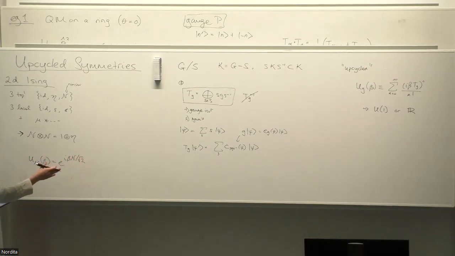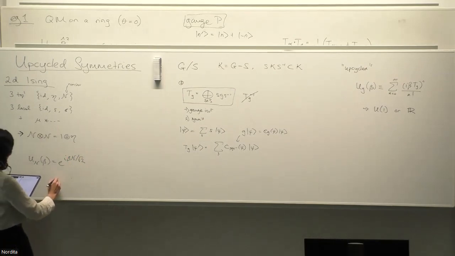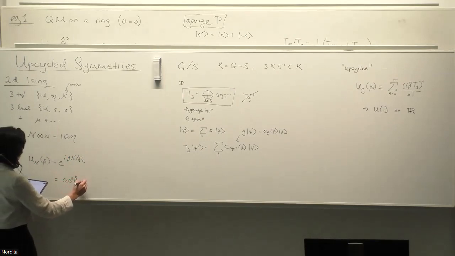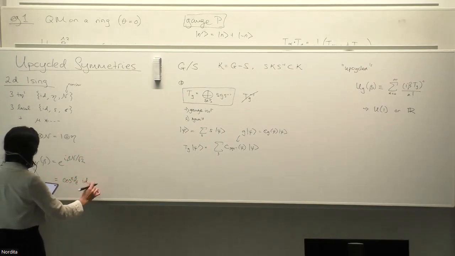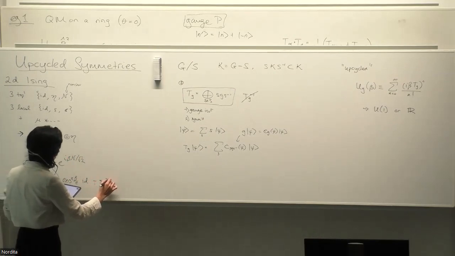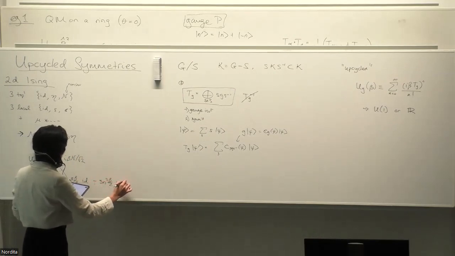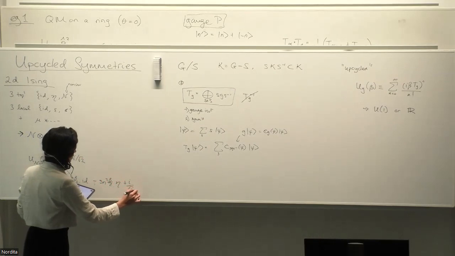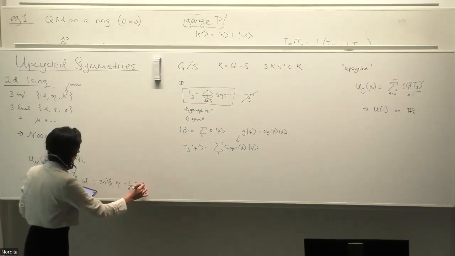It turns out if you expand this in the power series from before, it becomes something kind of neat, which is cosine squared of beta on 2 times the identity line, minus sine squared of beta on 2 times eta, plus i on square root 2 times sine of beta times N.